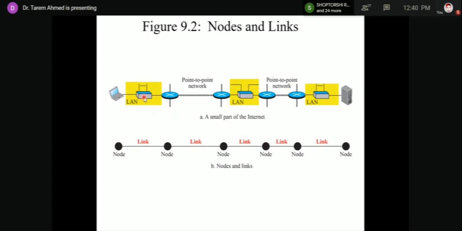So this would be your home. This would be your home router, right? That is connected to your ISP's router, right? And then the ISPs are interconnected through intermediate ISPs.